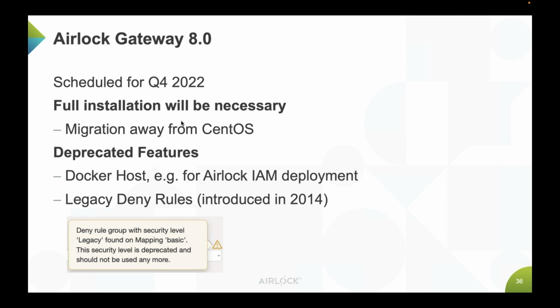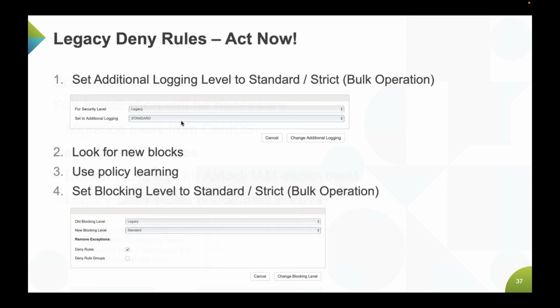And when we introduced this in 5.1, I think it was, we labeled the old rules as legacy deny rules. And you have also seen lots of warnings in the user interface if you're still using these. And now is the time that they're actually going away. So that means with Airlock Gateway 8, if you're importing an old configuration and you're still using level legacy, it will be set to standard.